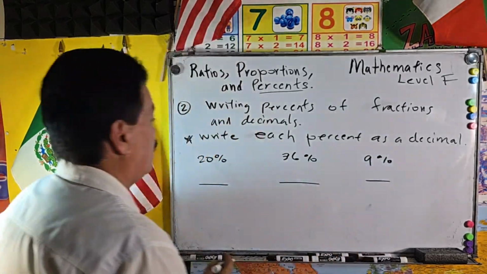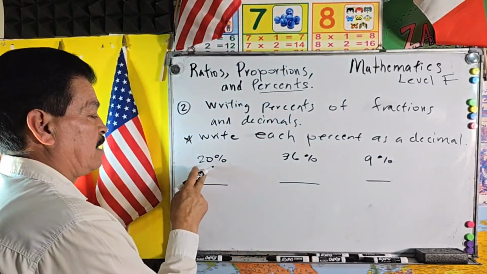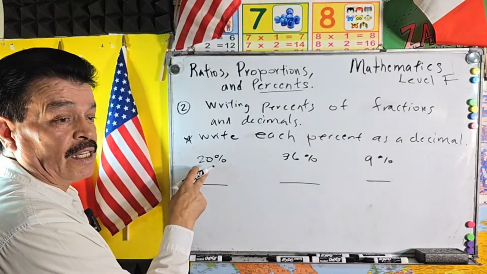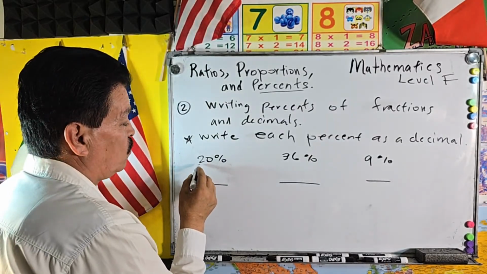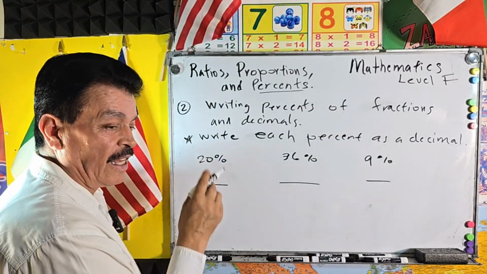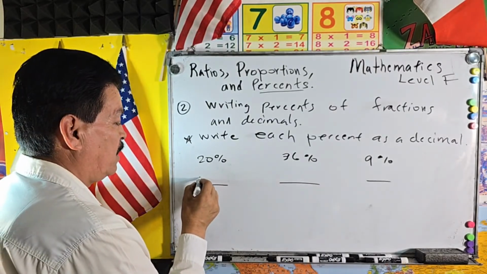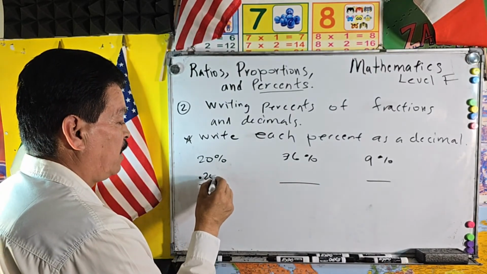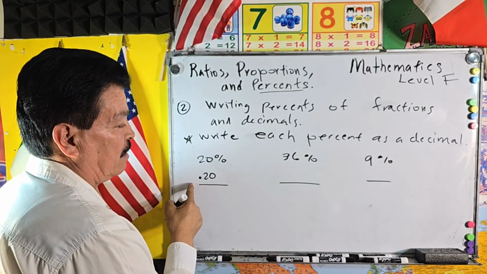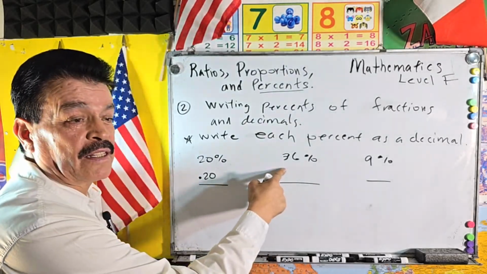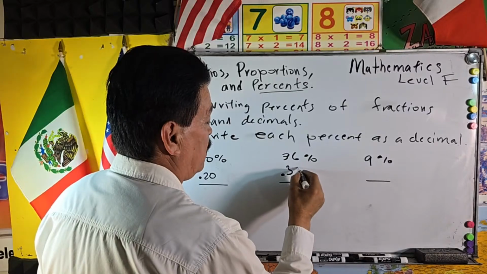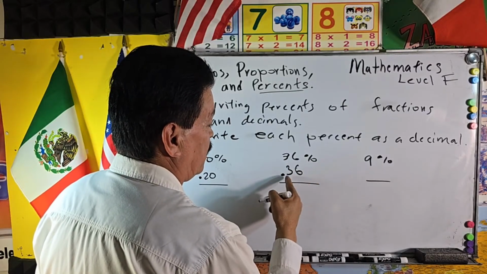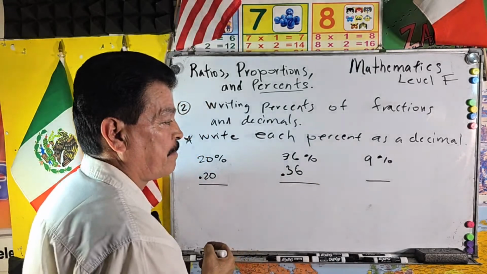Write each percent as a decimal. So we have here 20%. How do you write 20%? You must use the decimal point. So the decimal point is right here. 36%, the decimal point here, 36 hundredths.